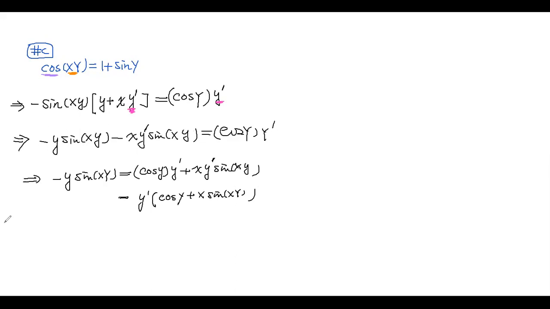So finally we got it. Divide by this one on both sides. So y prime will be equal to negative y sine(xy) over (cosine y plus x sine(xy)) here.